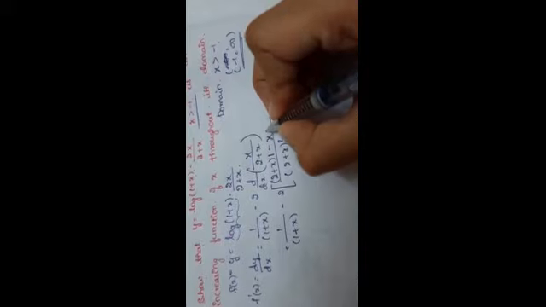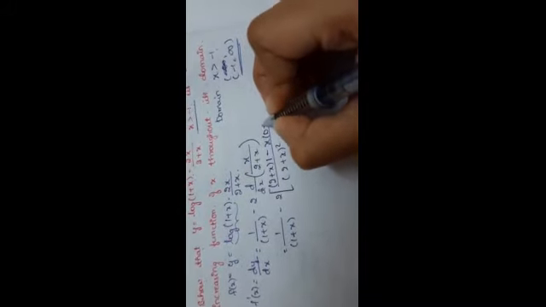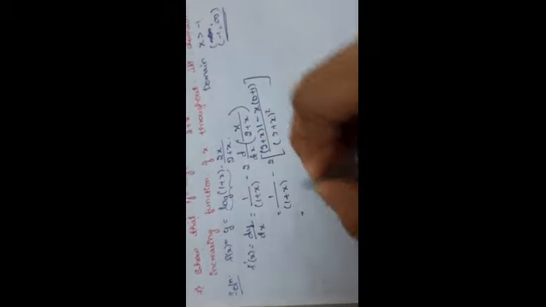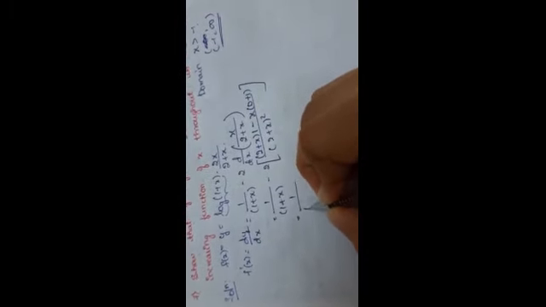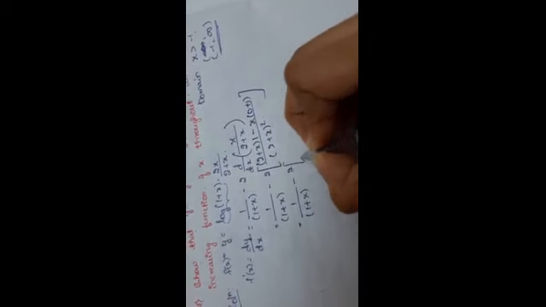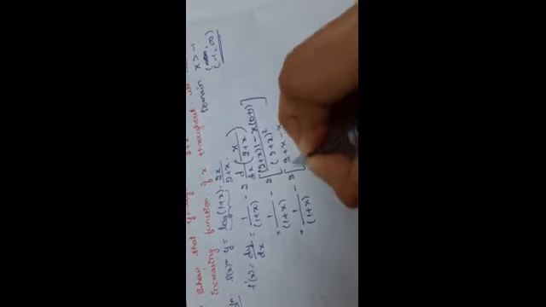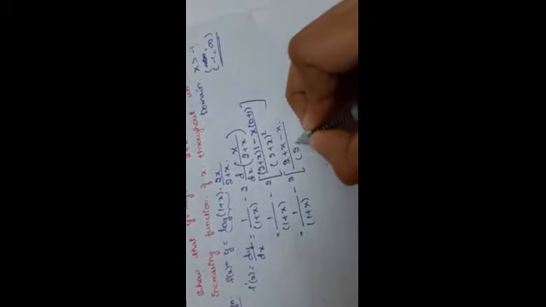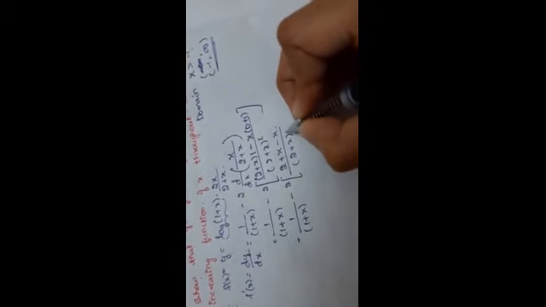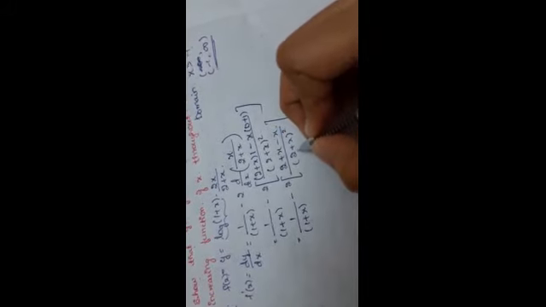Differentiation of 2 with respect to x is 0, and differentiation of x with respect to x is 1. So we got the differentiation of this one: 1 divided by 1 plus x minus 2 into 2 plus x minus x divided by 2 plus x whole square. So what happens here?